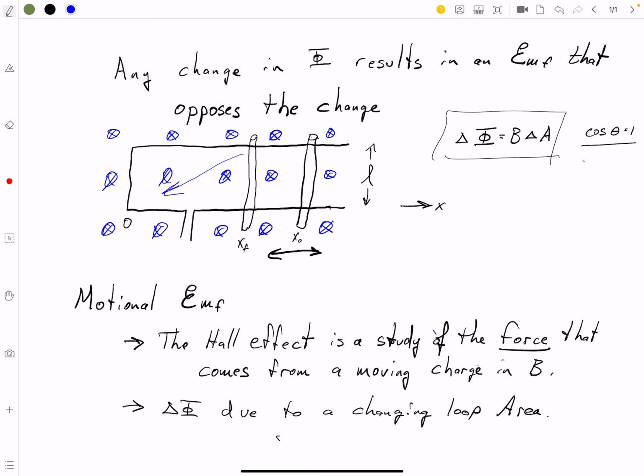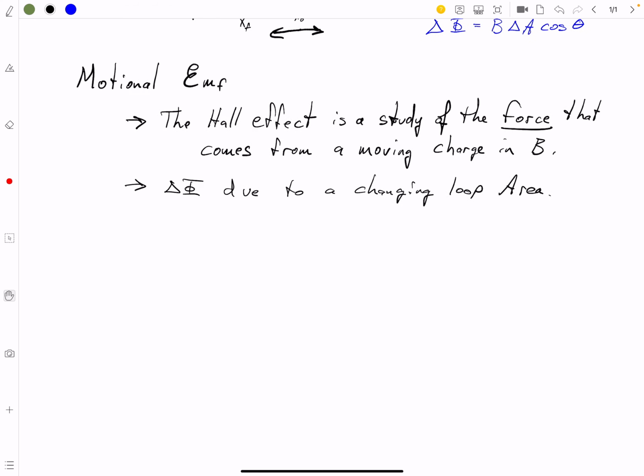You figure out what that theta is, and then, of course, the real equation is B delta A times the cosine of the angle. And theta is just the angle between A perp and B. Okay. Good. So let's do an example.